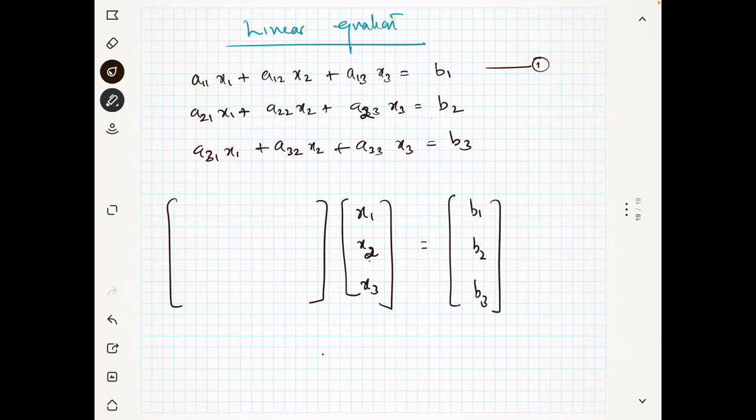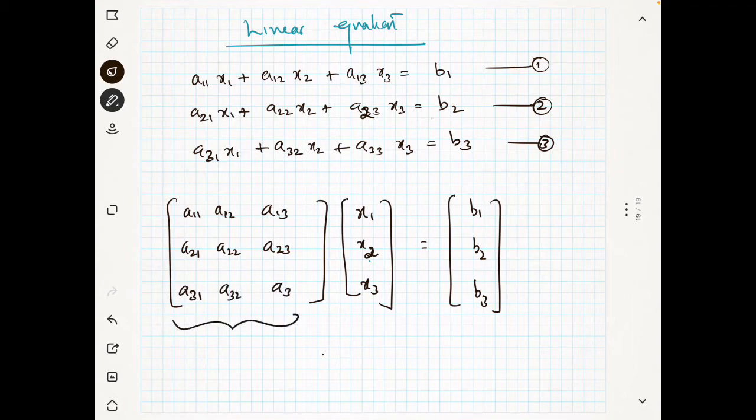Now this is A11, A12 and A13. This is A21, A22 and A23. If you multiply, you will get the same equations 1, 2 and 3. Then A31, A32, A33.